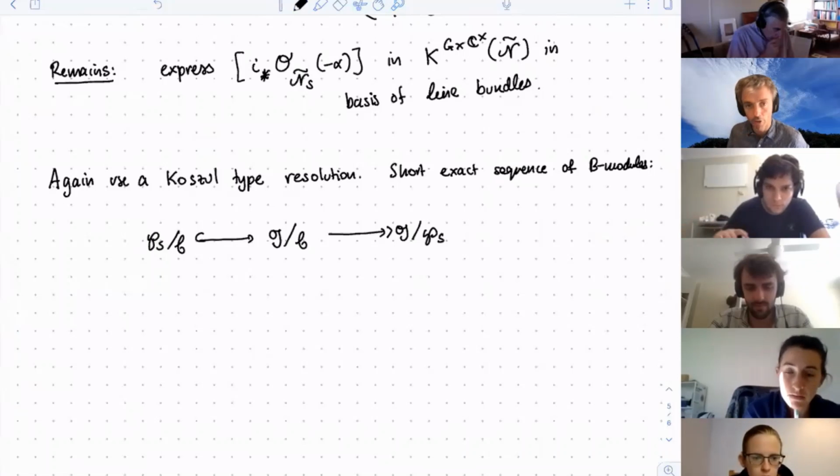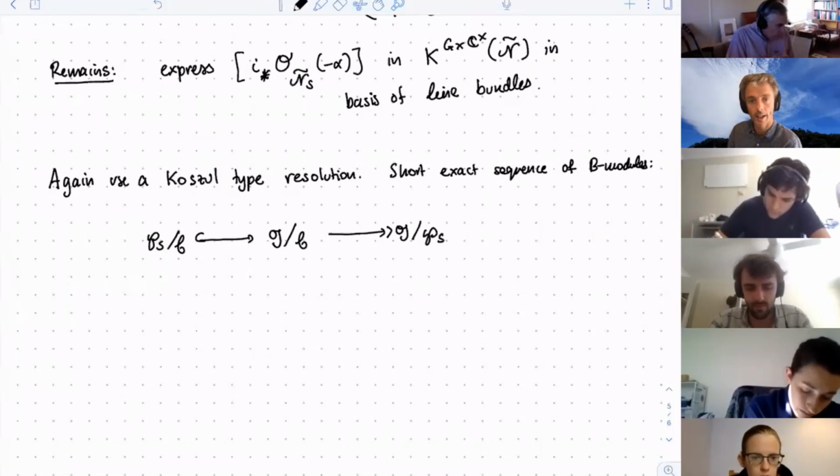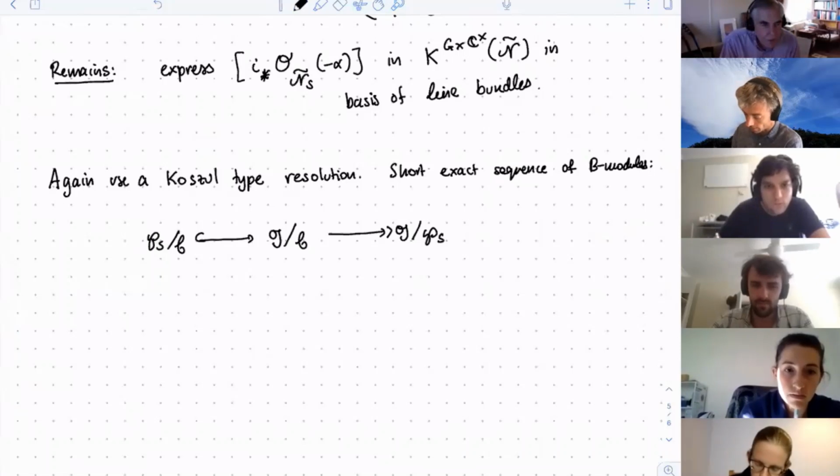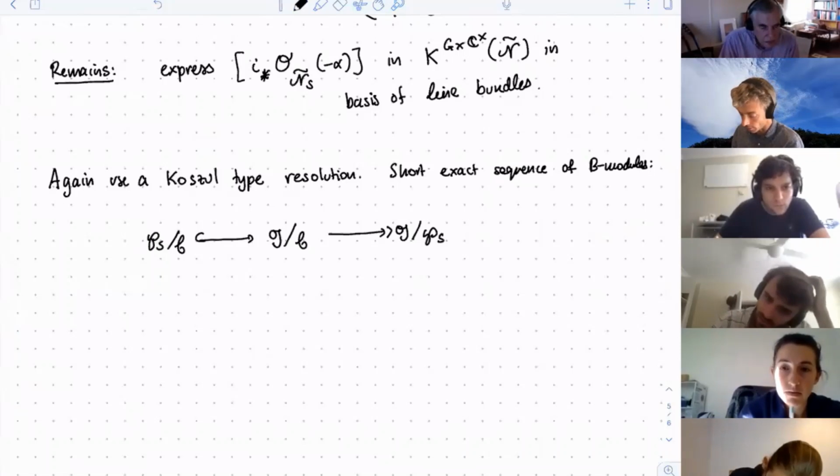So G is a B module, and mathfrak B is a B submodule. And so I have this short exact sequence.